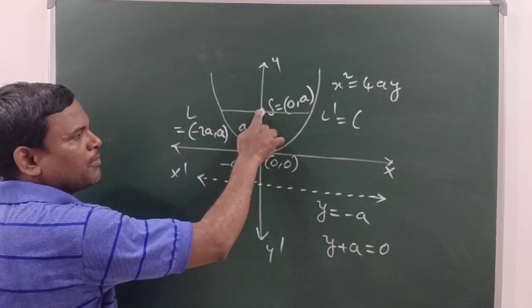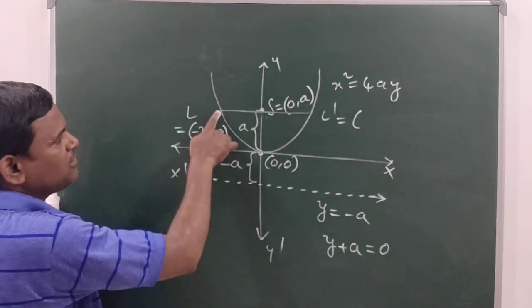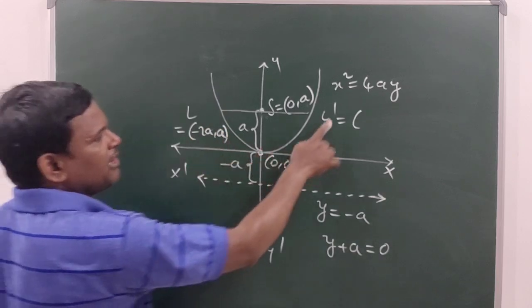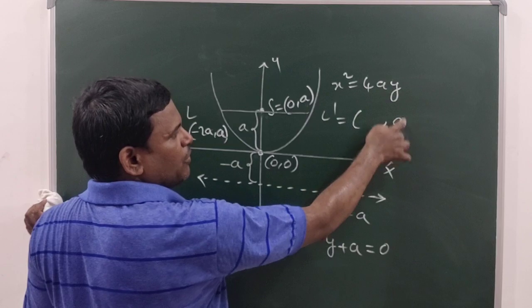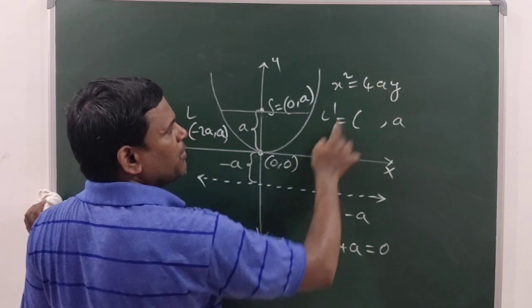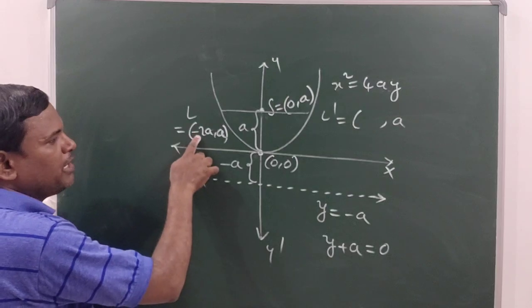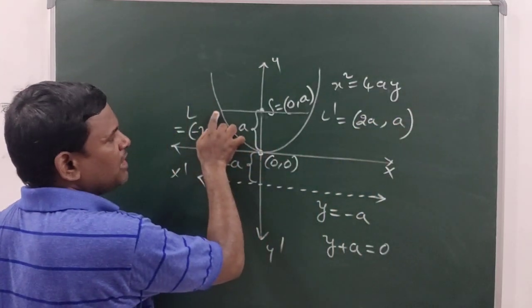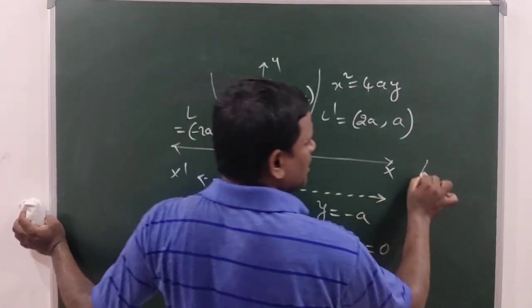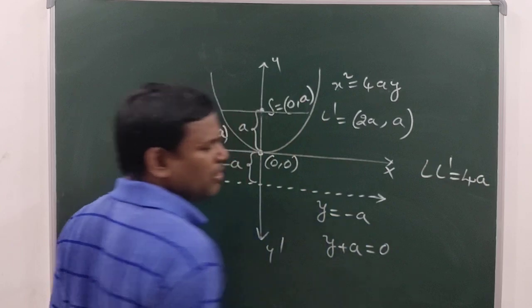Here one of the points has y coordinate a, hence the y coordinate of L is a, and of L dash is also a. So in the place of y, if you write a and simplify, your respective x values will be plus or minus 2a: minus 2a here, plus 2a here. Now measure the length from L to L dash. Here also we get the length of the latus rectum as 4a only.